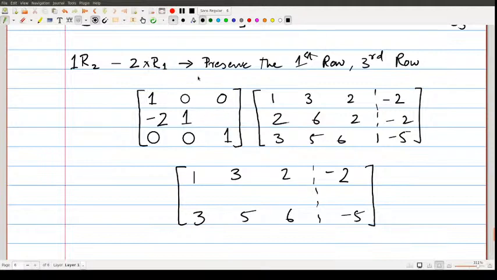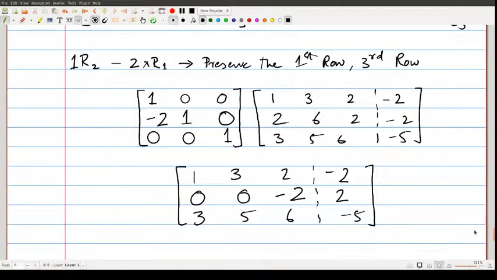You don't want any contribution from the third row, so you put a 0 there. Then minus 2 times 1 plus 2 is 0, minus 2 times 3 is minus 6, plus 6 is 0, minus 2 times 2 is minus 4, plus 2 is minus 2, and minus 2 times minus 2 is 4, minus 2 is 2.